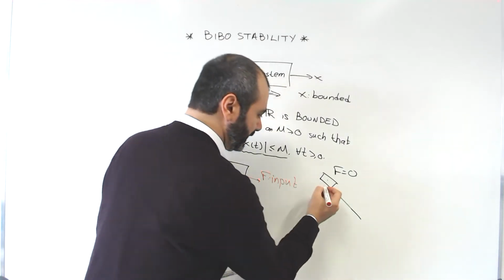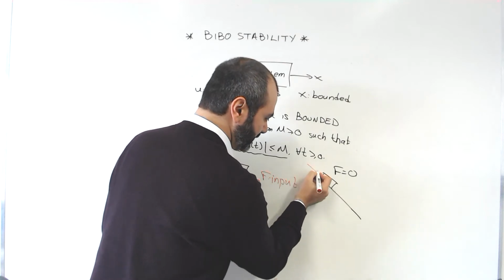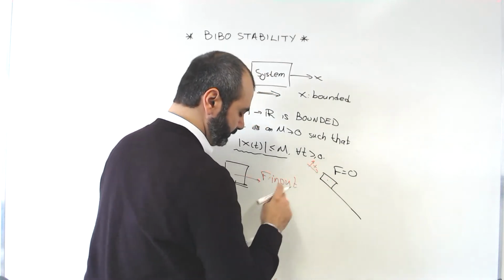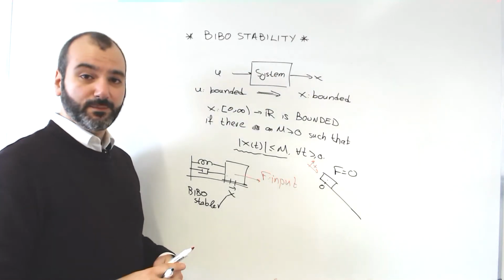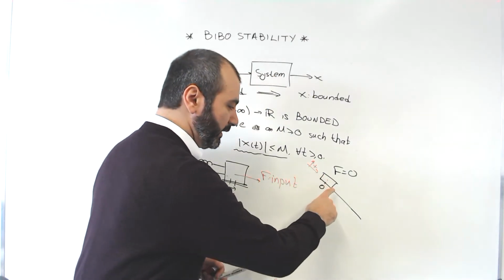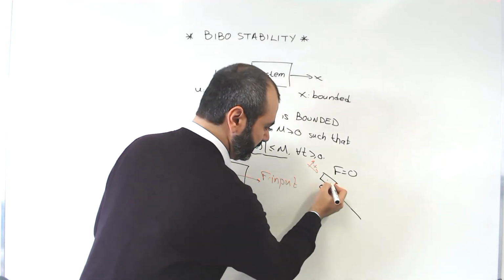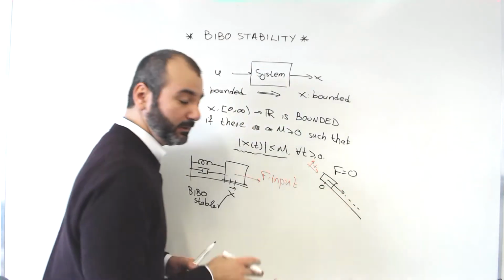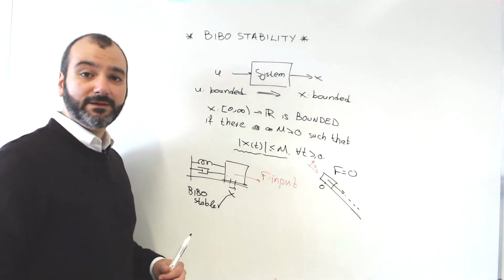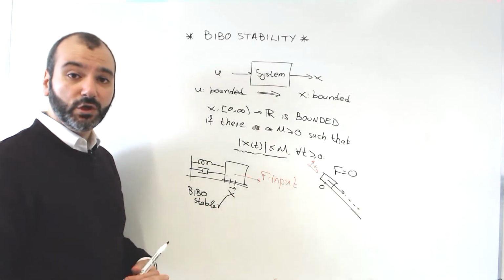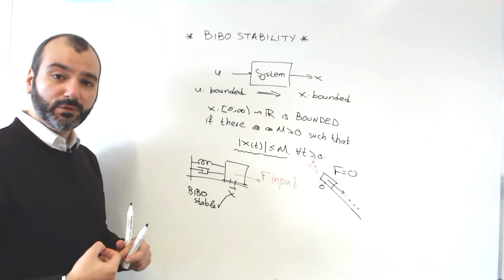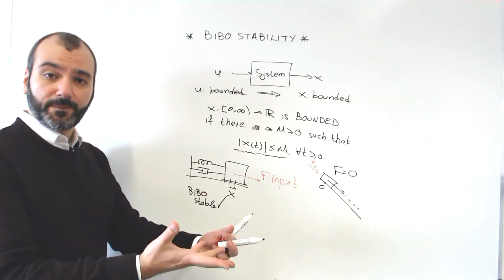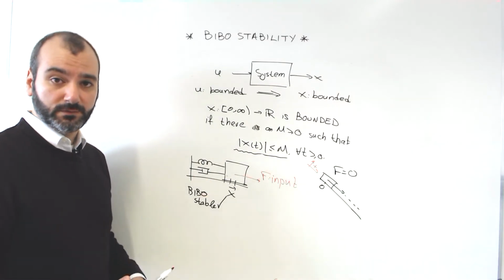And let's say that the displacement x is the displacement from that original position on the plane. Then without friction, this will start sliding, and it will slide and never stop. So this is not a BIBO stable system. Why? Because for a certain bounded input, we can produce an unbounded output.